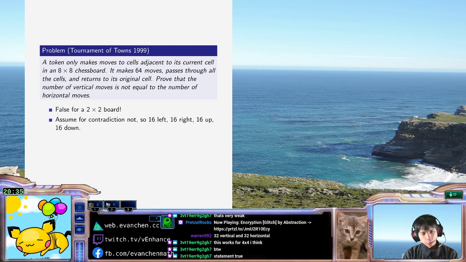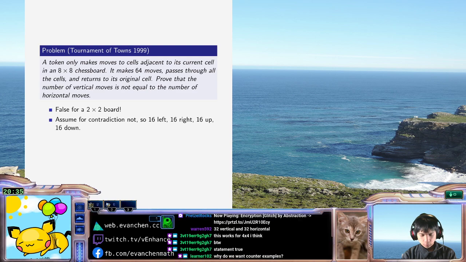Yeah, I believe that. 2x2, yeah, seems... It's trivially false for... Oh, really?